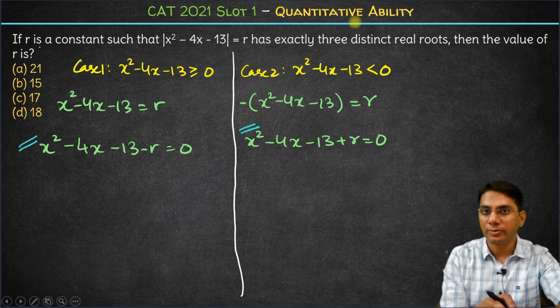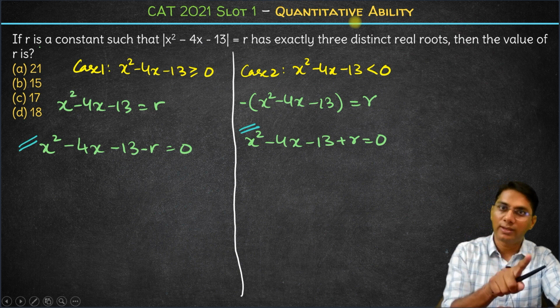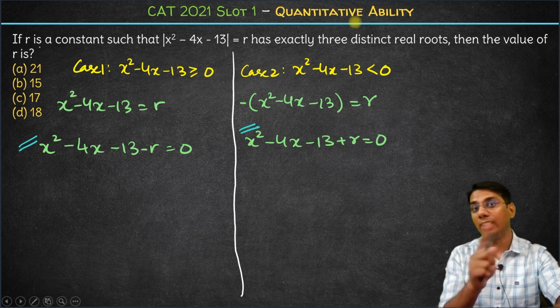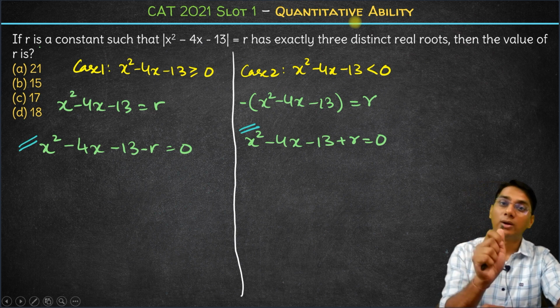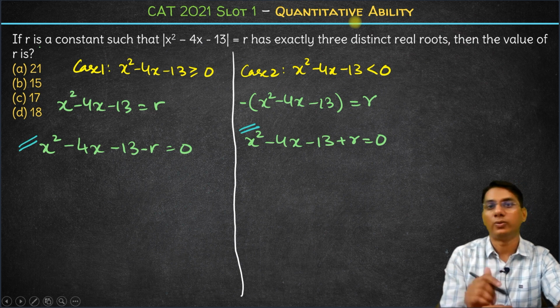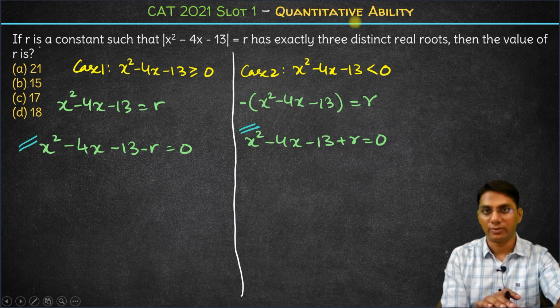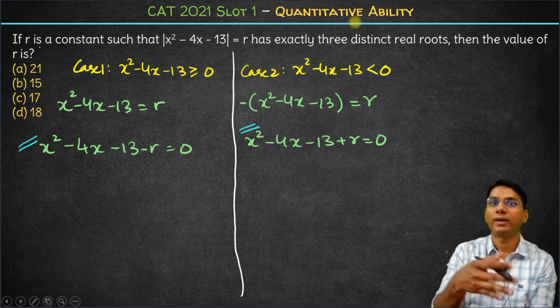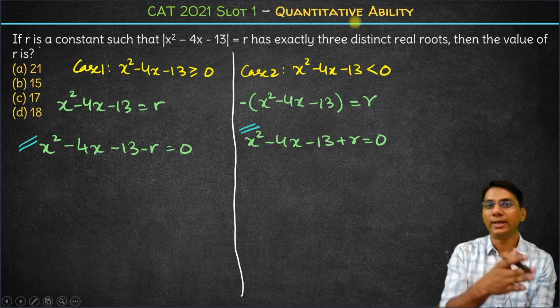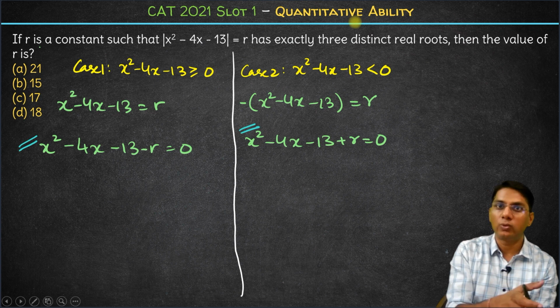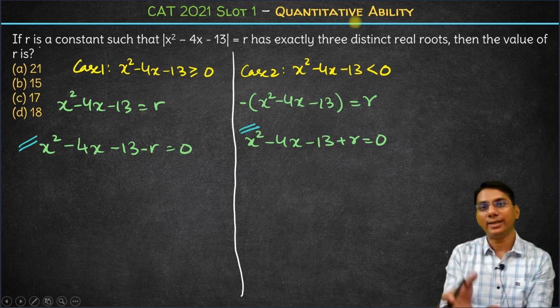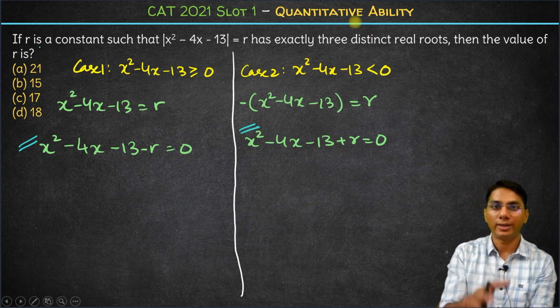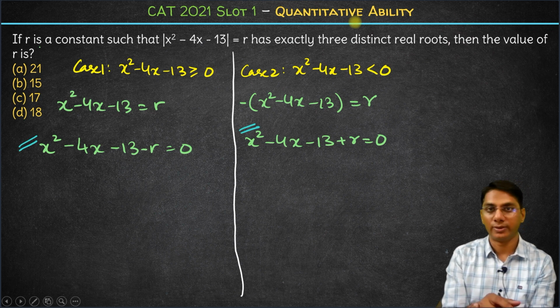This is possible when one quadratic has 2 distinct roots and the other quadratic has real but equal roots, right? That is the condition to have 3 distinct roots.